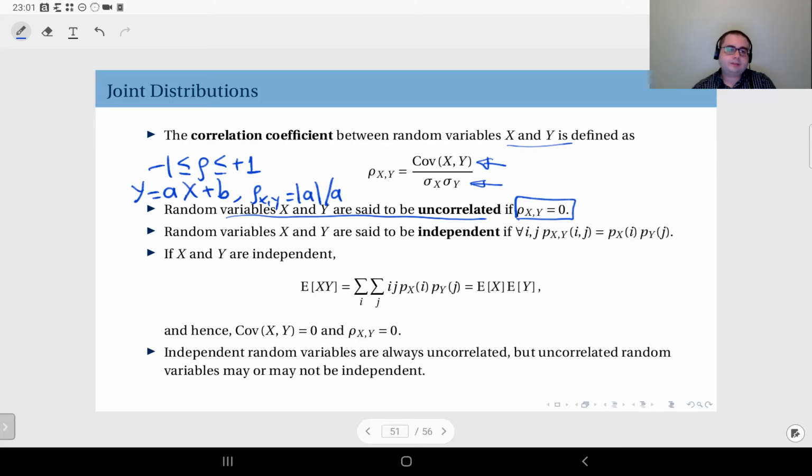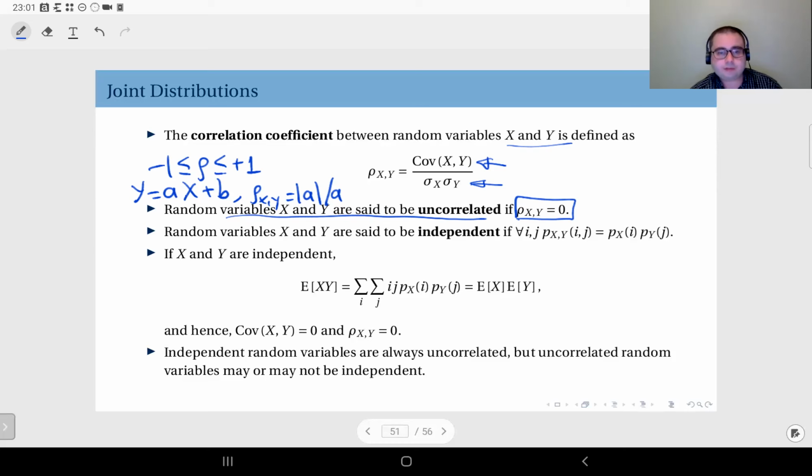When one of them decreases, the other will also decrease. There is a 1-to-1 correspondence. But if a is negative, then the correlation coefficient will be -1. So this case is the extreme correlation case. And the other extreme is rho equals 0, in which case we say they are uncorrelated. As I said, this is not independence, this is something else.